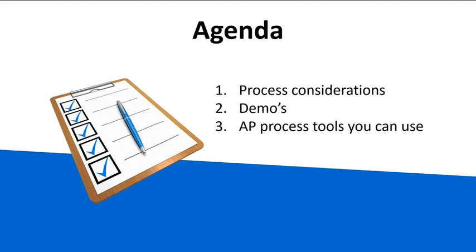Then from there, we'll take a look at multiple different demos that I have queued up for different ways to automate the accounts payable process within your organization. We'll take a look at just doing some automation with workflow using metadata. We'll also dive into incorporating forms into your solution if you've got maybe multiple offices throughout the country. And then from there, we'll take a look at quick fields and what you can do with quick fields to incorporate that as well.